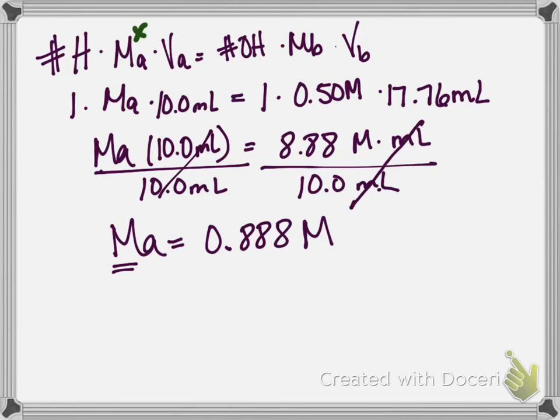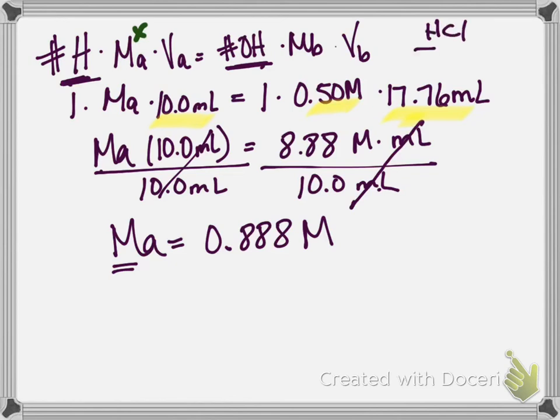The last thing we need to deal with are sig figs. So the 10 has 3, the 0.50 is 2, this is 4. The lowest we have is 2. Now, if you're asking, wait, number of hydrogen, that's 1, or hydroxide, that's 1. Well, these are counted values, right? There's no discrepancy.